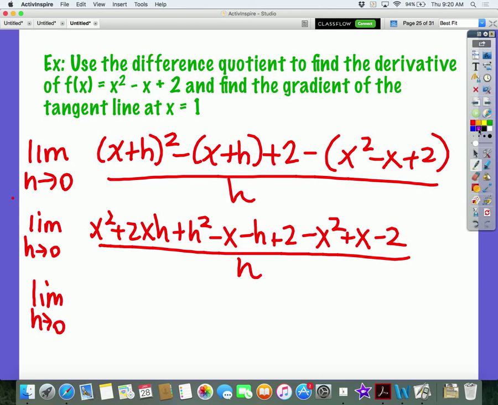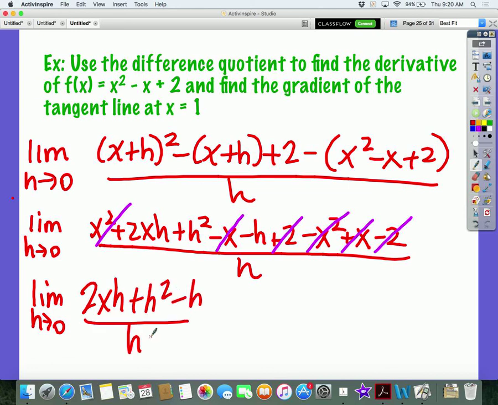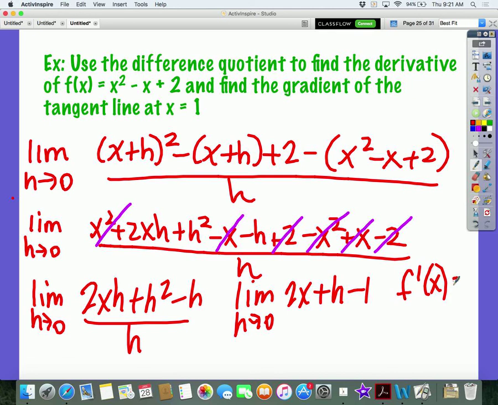Your 2's cancel, x squared, leaving you with... okay. So then once you simplify it some, you'll have 2x plus h minus 1. And so when you plug in 0, you'll find out that your derivative, using proper notation, is 2x minus 1.